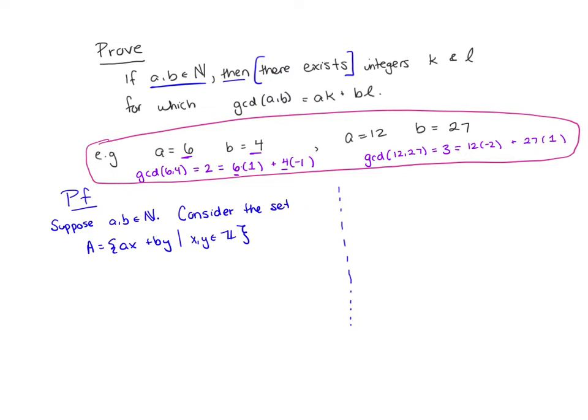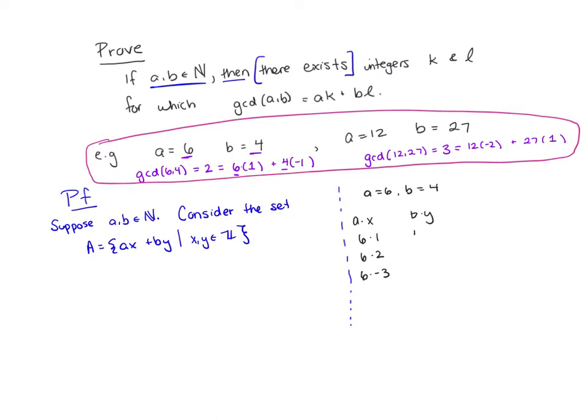I'll use my example here where A was 6 and B was 4. And so I can take any number x times that A. So I can do 6 times 1, 6 times 2, 6 times -3. And then I'm going to take B, that's my 4, times any number y.